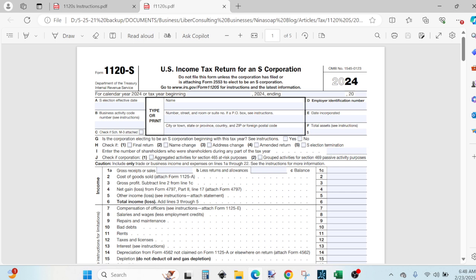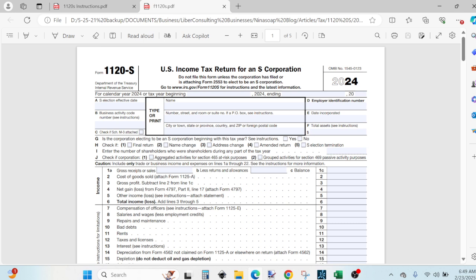We are not going to fill out the top of the form, but if you are doing the draft version, you can choose to put those on your draft. That way, when you start using the software, you can use the draft to pull that information and put it in the software if you do not want to go back and look in your files. But you will need this information to file your form.